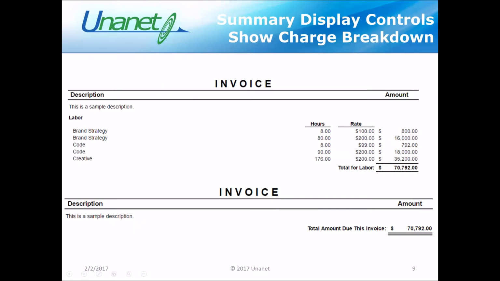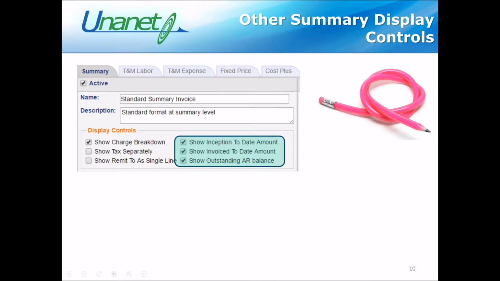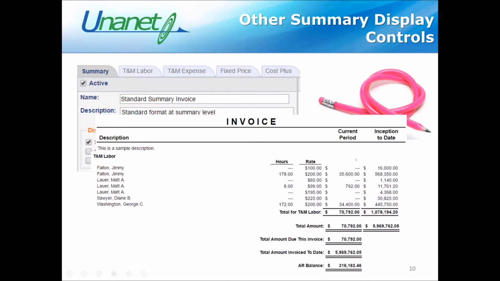Now let's look at some other pieces that are still there on that summary control detail. Again, this is all just to show you the flexibility of how you can have different things to show. These three items here, show inception to date amount, show invoice to date, or outstanding AR balance, if you have those checked, then we're going to see a resulting invoice that shows an inception to date column.